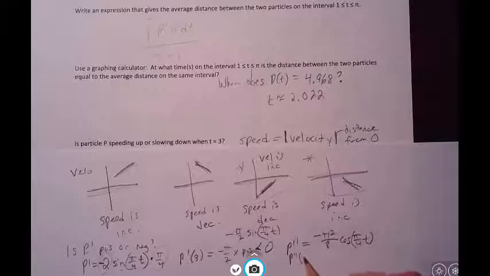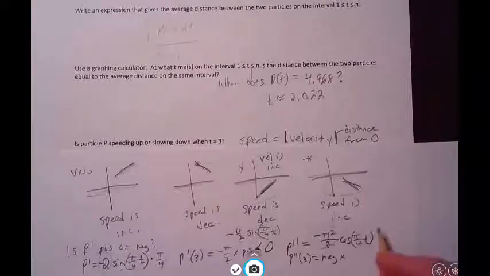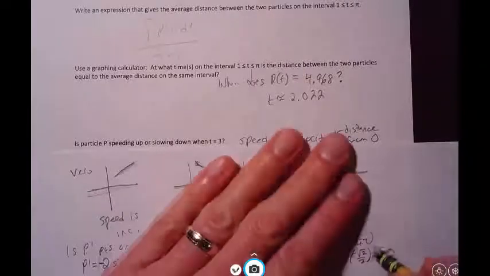So P double prime of 3 is going to be a negative number for this. And then cosine at 3 pi over 4 in the second quadrant is going to be a negative value. It's negative square root of 2 over 2. And that's going to be a negative result as well. No, it's not. It's going to be positive. We have a negative times a negative.